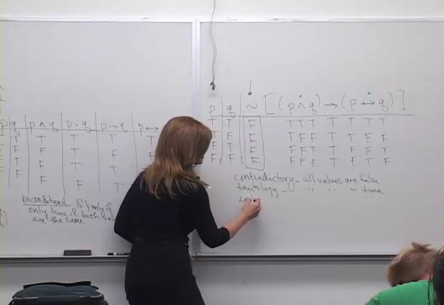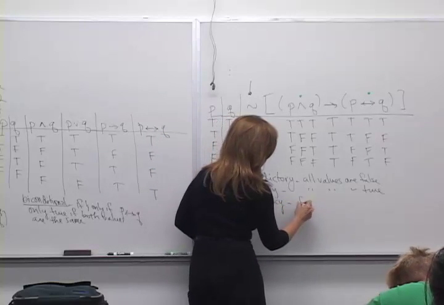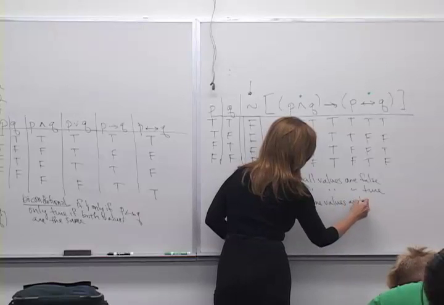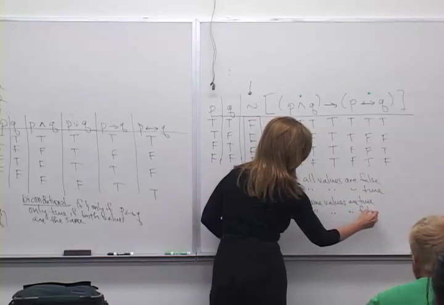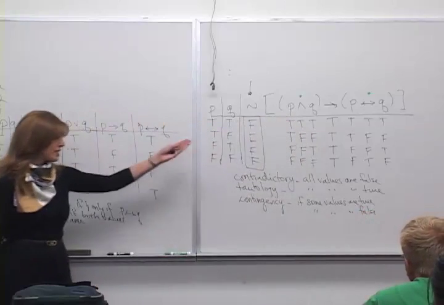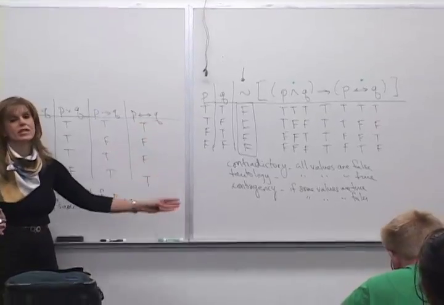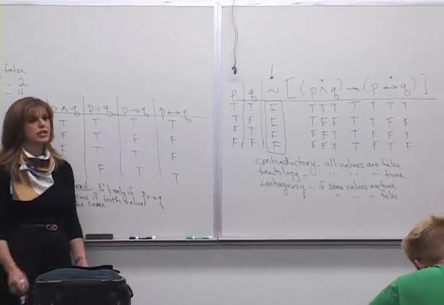And a contingency, which in most cases we have contingencies, is if some values are true and some are false. So in this case we have a contradictory, because no matter what I plug in, I'm always going to have a false inside this.